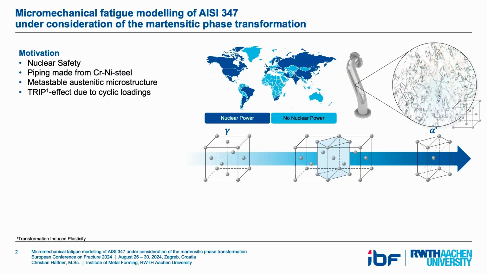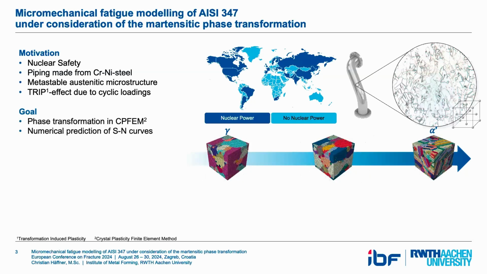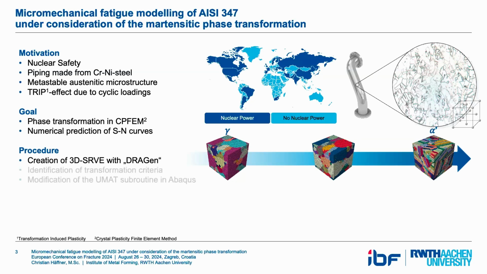So the goal of my PhD and the project is actually to get this phase transformation into a CPFEM framework, so crystal plasticity finite element, and at the end, just by numerical simulations, predict full Wöhler diagrams. Therefore, there are a lot of different steps I need to do. First of all, we need to create microstructure models, so 3D SRVEs, with Dragon, I come to that in a bit.